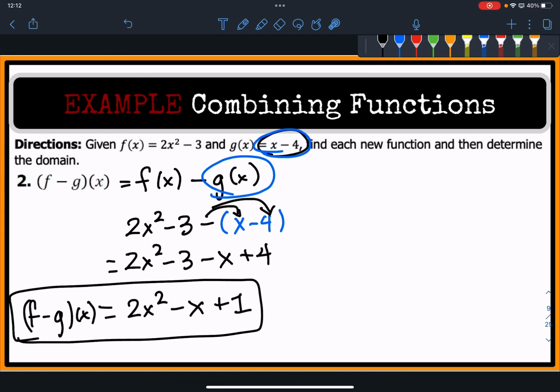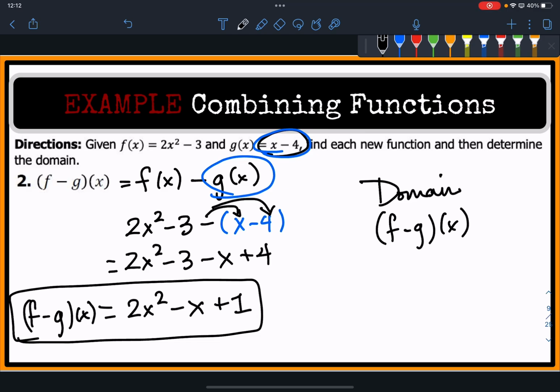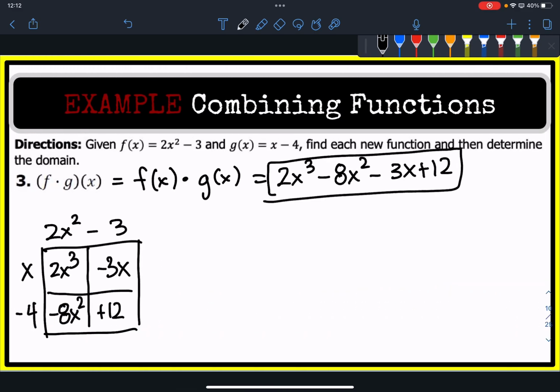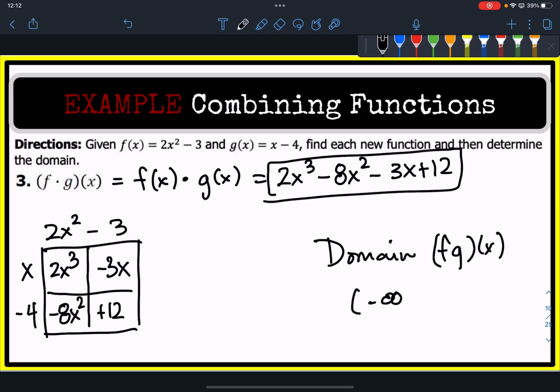And the same thing here is also going to be all real numbers. And the domain for f g of x is also going to be right now all real numbers. So these examples have all real numbers for their domain.